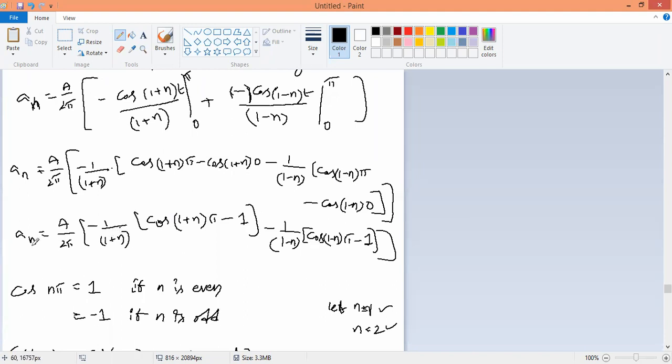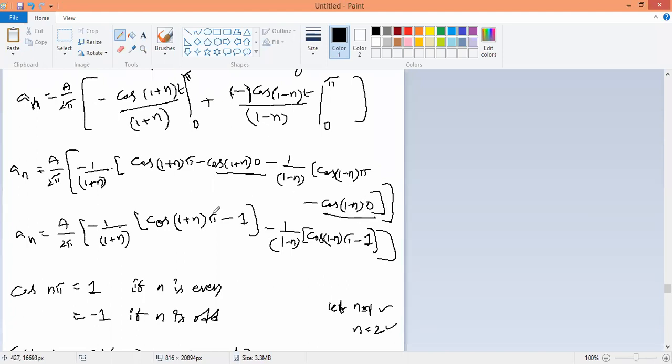an equals A by 2 pi into minus 1 by 1 plus n into cos of 1 plus n pi minus, what is the cos 0 value? Here one cos 0 is there, here one more cos 0 is there.